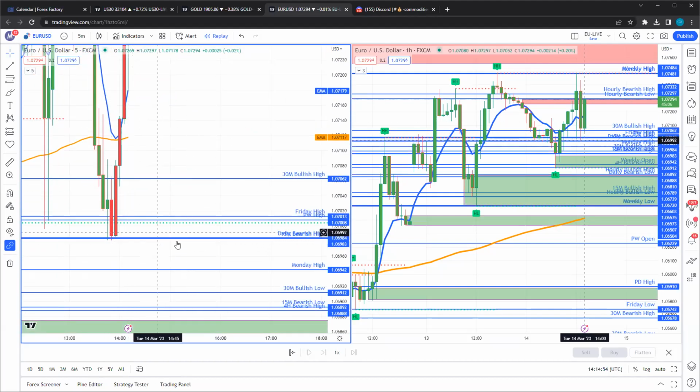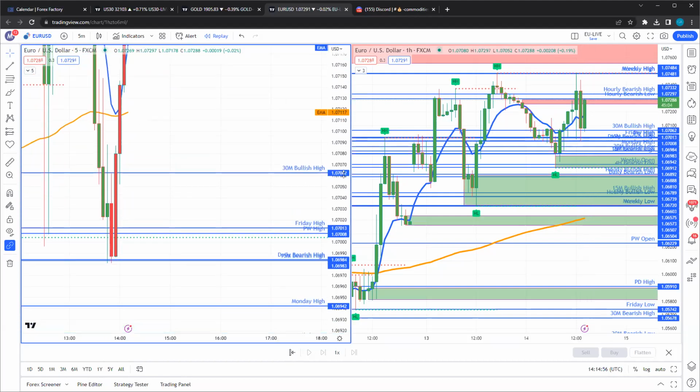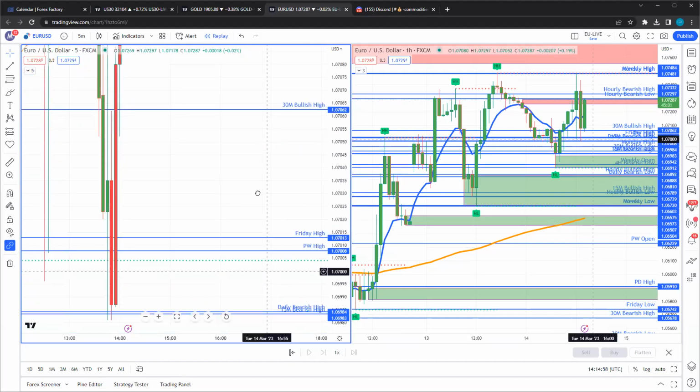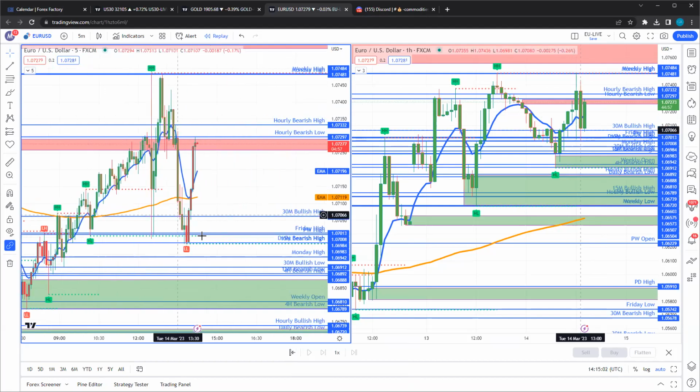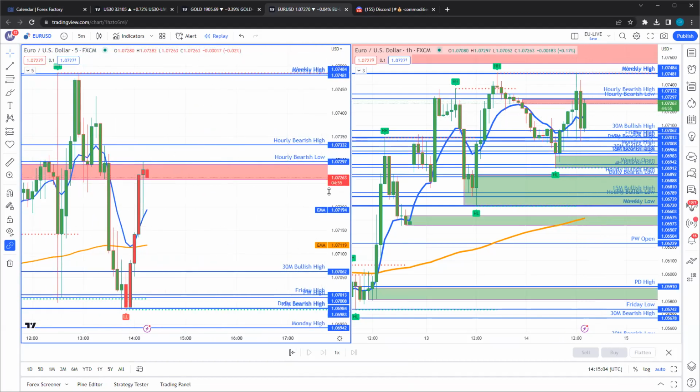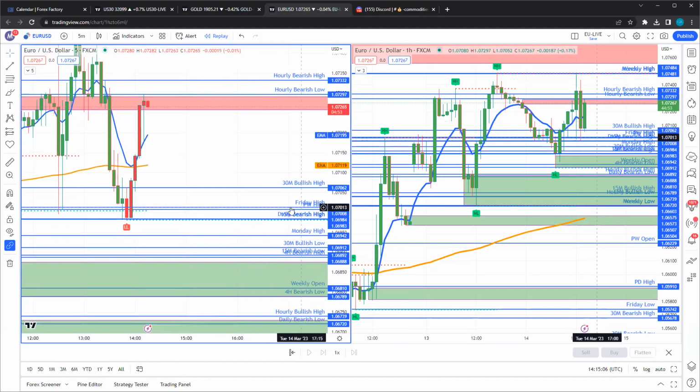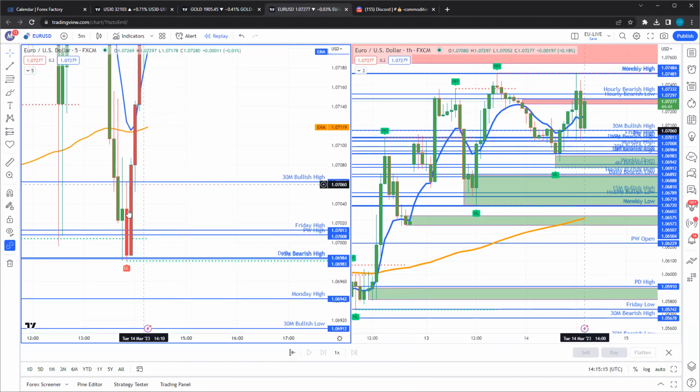Now, this daily bearish high, which is coupled, I think, with a 30-minute bearish high and 15-minute bearish high, but of course the high time frame candle overlaps any low time frame. So to me, this daily bearish high was used as a bullish zone. You can see they tapped it exactly to the pip, and price reversed all the way back up.